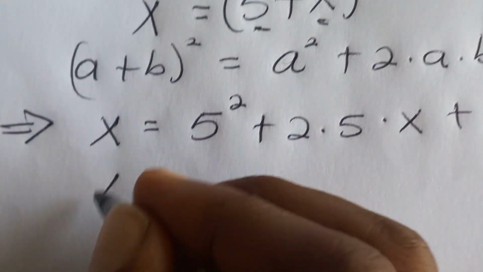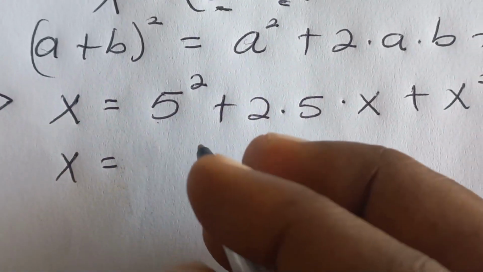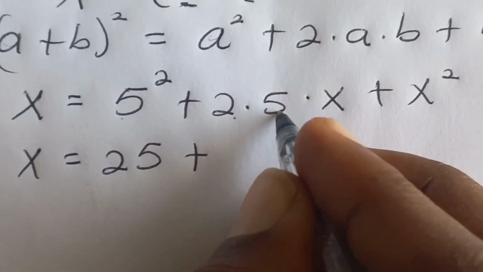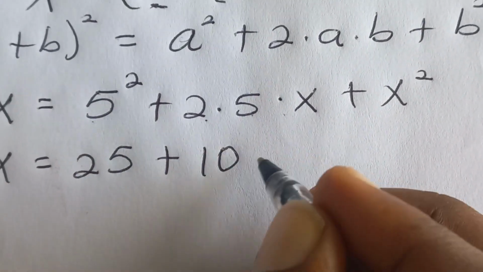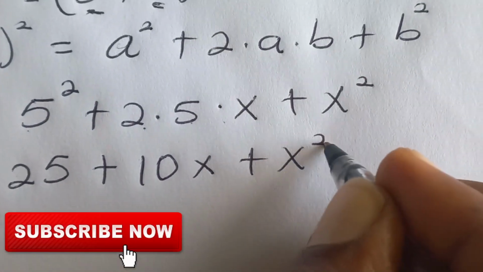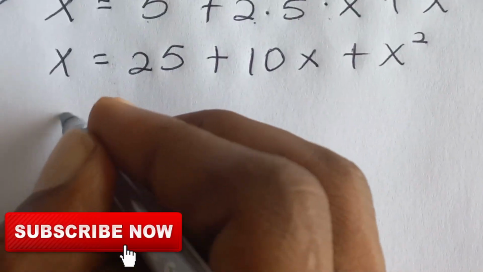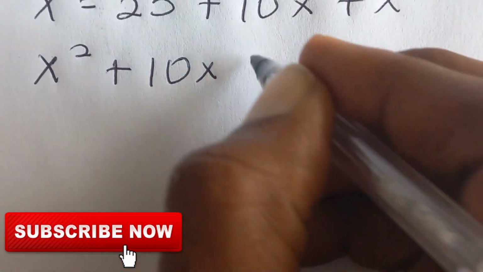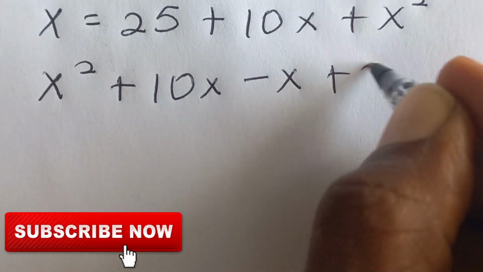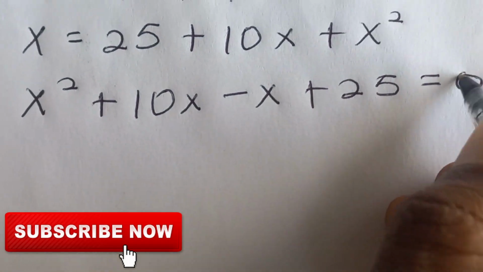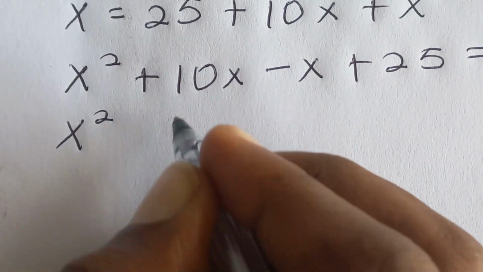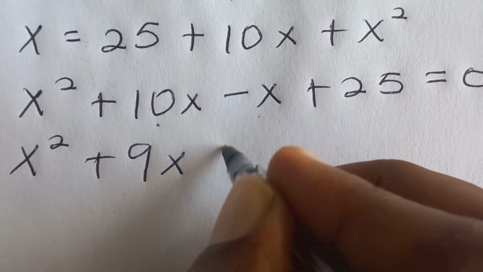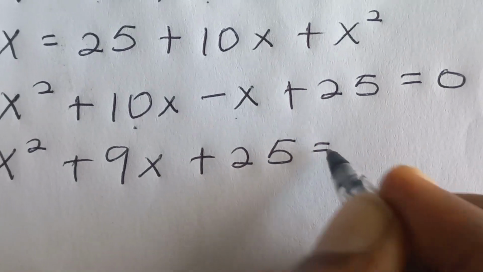Okay, now x is equal to 5 squared is 25 plus 2 times 5 is 10 multiplied by x is 10x plus x squared. Now, so x squared plus 10x minus x plus 25 is equal to 0. So we have x squared, 10x minus x, we get 9x plus 25 is equal to 0.